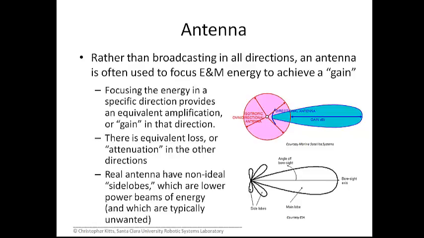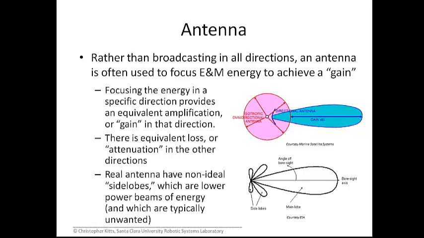And conversely, it's as if we were broadcasting with less power in other directions. So this ability of an antenna to focus the electromagnetic energy in a particular direction is very useful to us, since we can sort of use the mechanical design of the antenna rather than more electrical power.